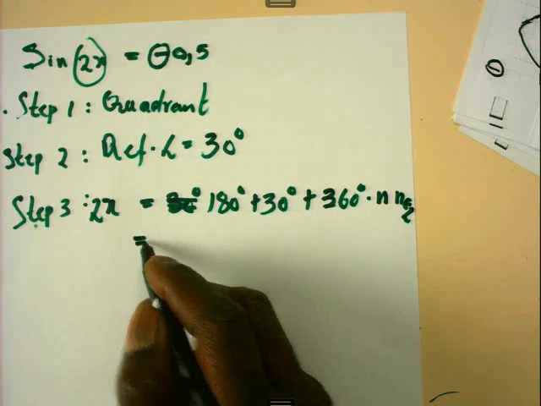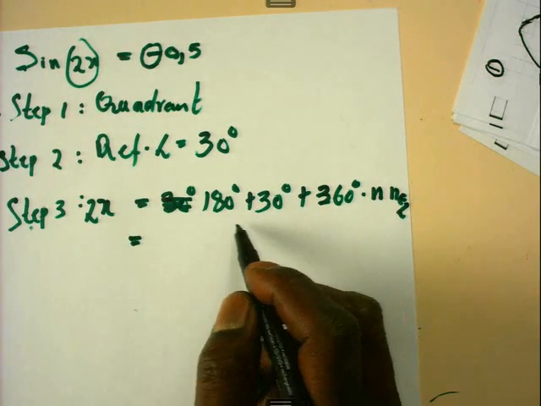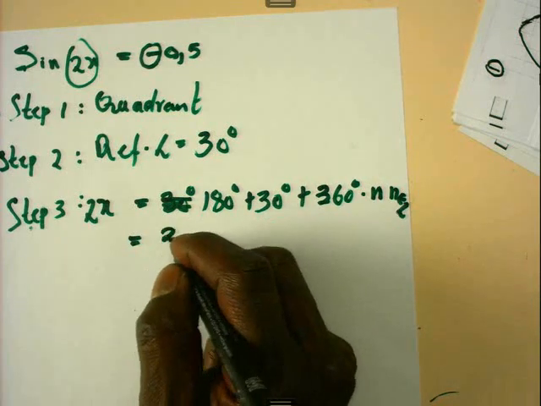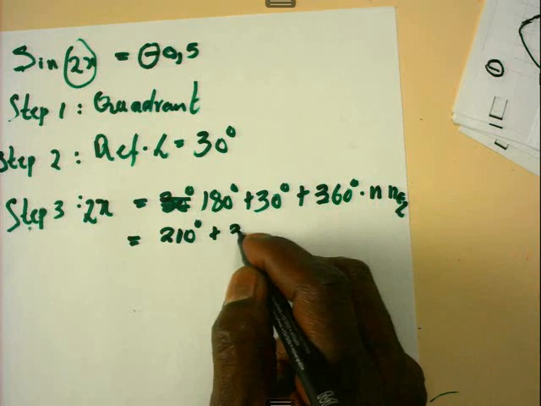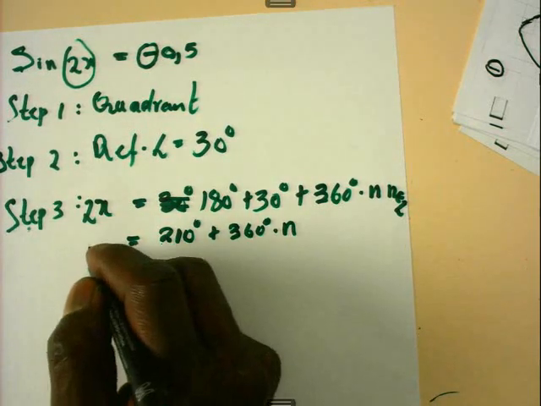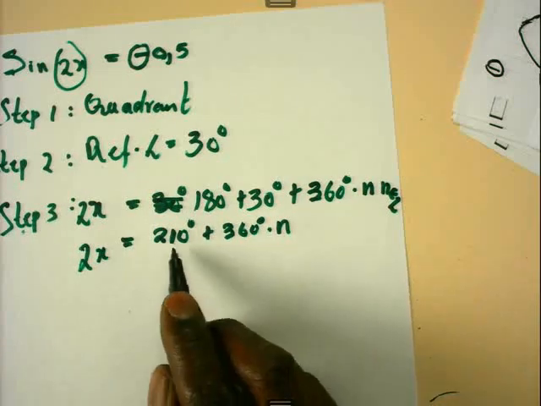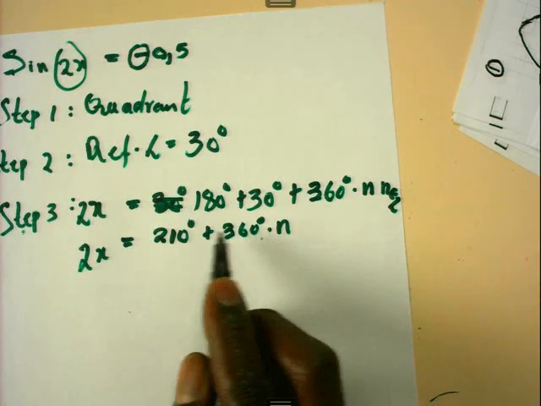Okay, now the solution will be, let's simplify, 180 plus 30, that is 210, plus 360 degrees times n, that is 2x. We cannot add these two numbers because they are unlike terms.